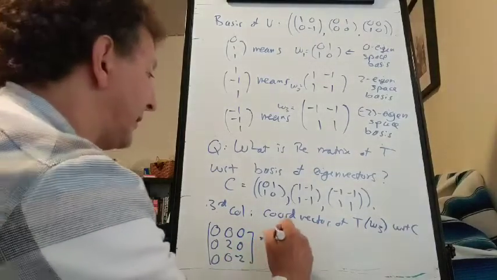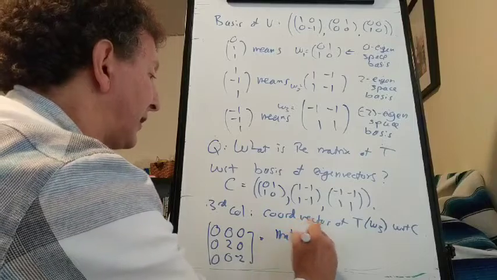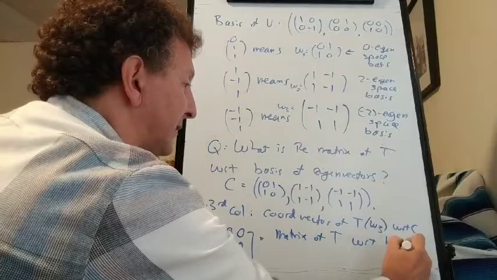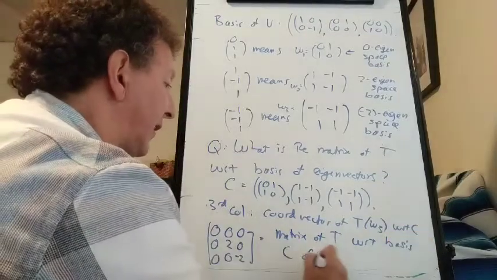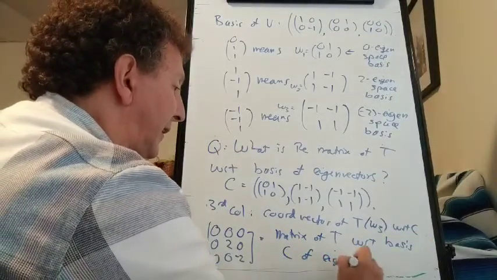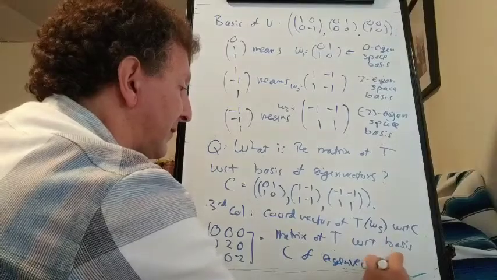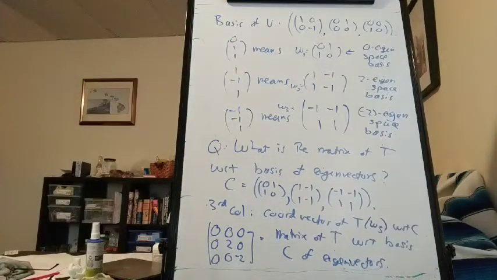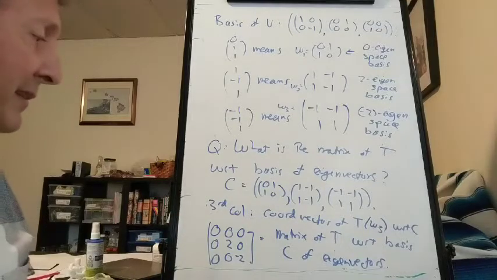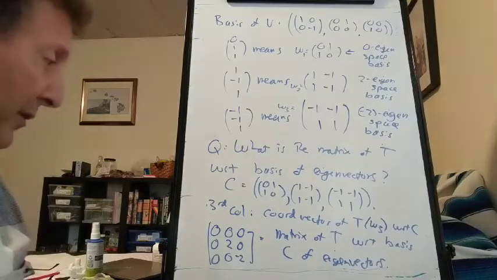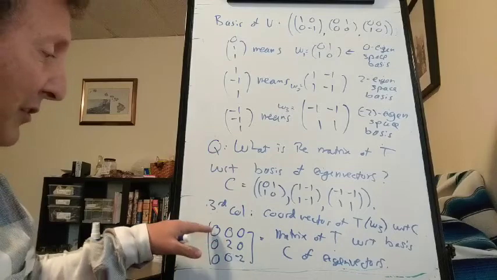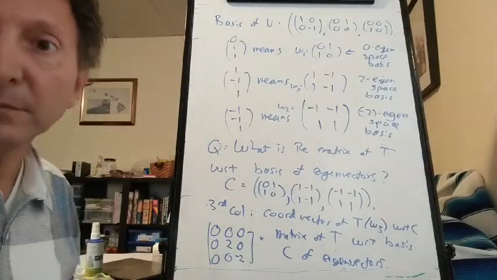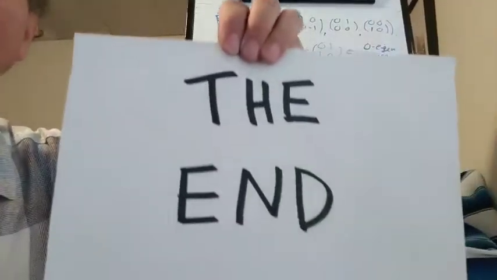So this is the matrix of T with respect to the basis C of eigenvectors. And you can see it has a nice form. Since we chose eigenvectors, T of every basis element is just a multiple of itself. So we don't have any non-zero numbers except possibly on the diagonal. The end.